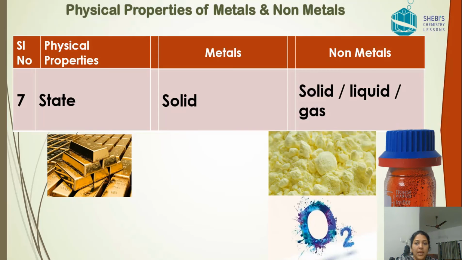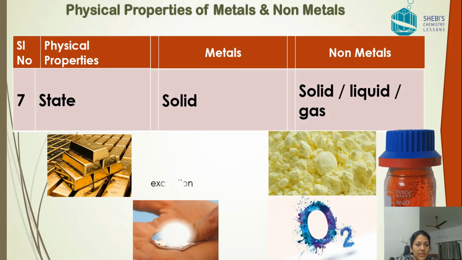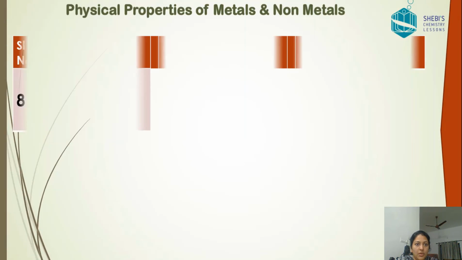And you can see non-metals like carbon, sulfur, iodine, etc. exist as solids, while bromine is the only liquid among non-metals. And a lot of gases are there like oxygen, hydrogen, helium, argon, krypton, xenon, chlorine, etc. Exceptional cases are there. For example, mercury is the metal which is in liquid state.